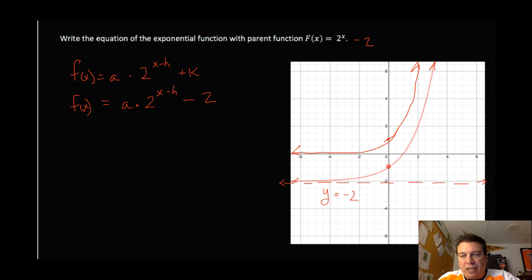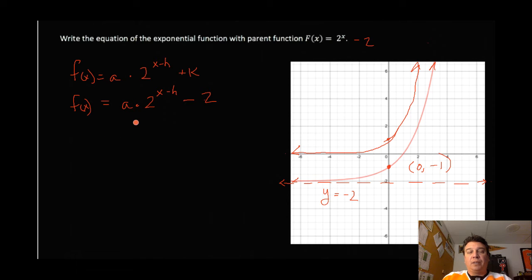This point right here: at x being 0, we are at negative 1. In other examples, we used a point to figure out what the leading coefficient is, and that's what you're going to do here.